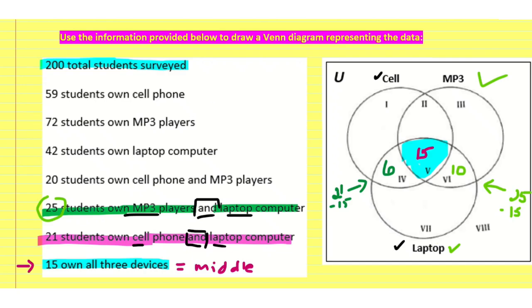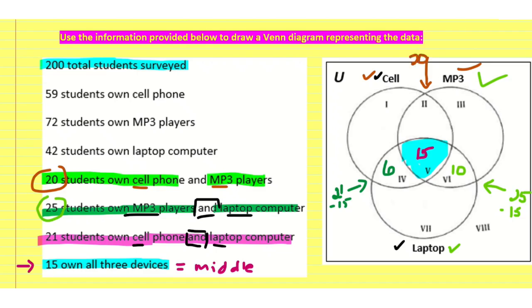Okay, let's keep moving. We are going to do 20 students own a cell phone and an MP3 player. So again, I'm going to go find the cell phone and MP3. So I've got cell phone and MP3 here. So we're talking about this intersection area, and they tell us that 20 students have both of those. So I'm going to do 20 students.